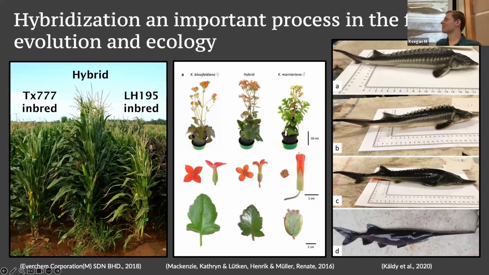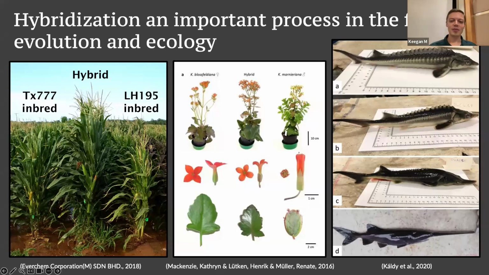So hybridization is an important and interesting process to study because it impacts the evolutionary trajectory of the lineages involved, and it influences genetic diversity. And every hybridizing system that we study tells a unique story regarding the mechanisms by which hybridization takes place, as well as the outcomes of hybridization between lineages.